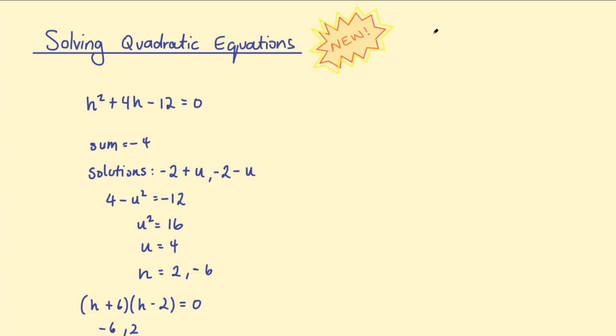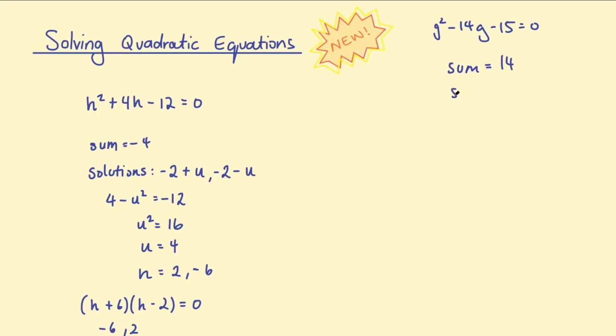So let's do g squared take 14g take 15 equals 0. Now you can factorize this quadratic, but we want to go ahead and try to use this new method. So first thing we say is the sum is the negative of the coefficient of g. So negative of -14 is just 14.